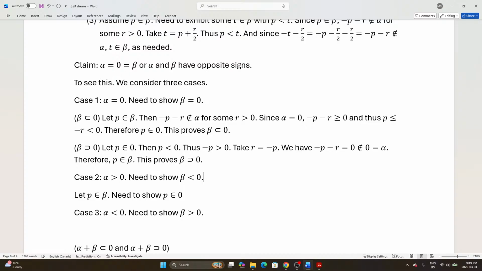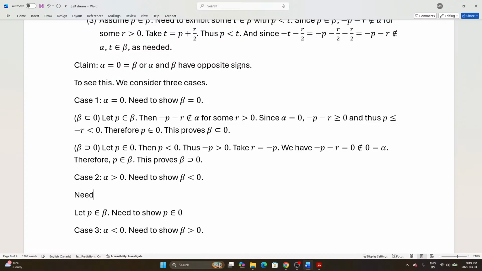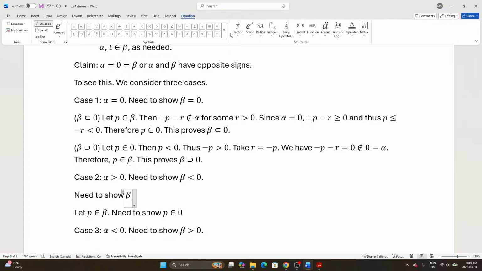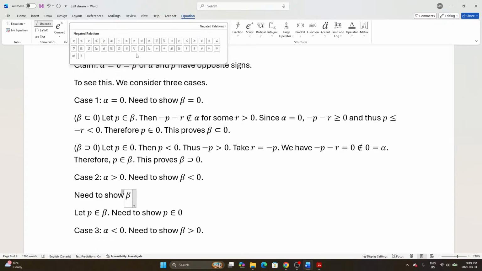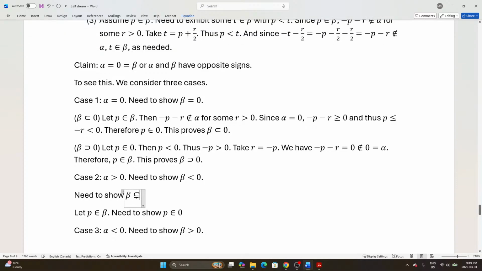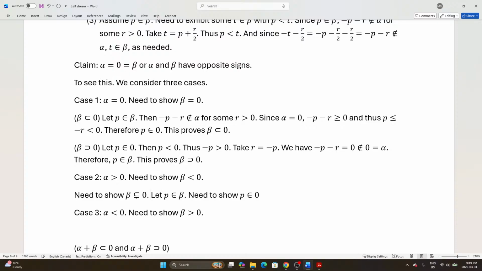Actually, you know what? Let's first say we need to show beta is properly contained in 0. Do you have the proper containment symbol here? Yeah, this one. I need to show beta is properly contained in 0. First, let's show containment. This is not necessarily proper containment. Let's first show P is in 0.